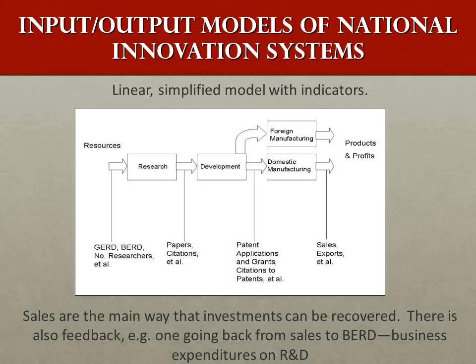Well, this is the classical linear model of innovation, starting with funding. You support research, initially basic research or fundamental research. The discoveries that come from that go into a process, the second process of applied research or development.